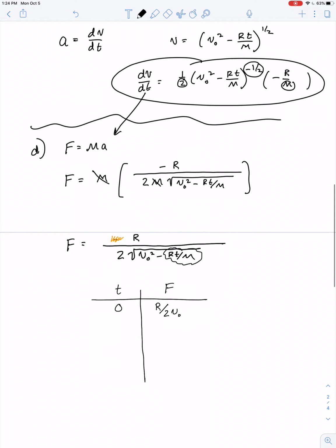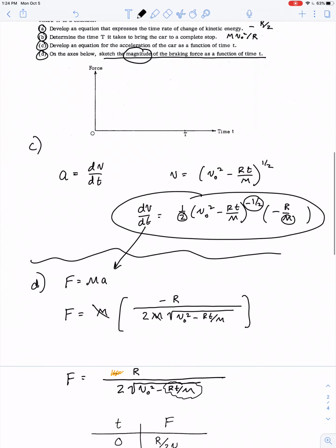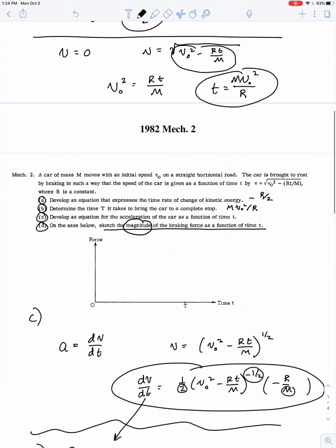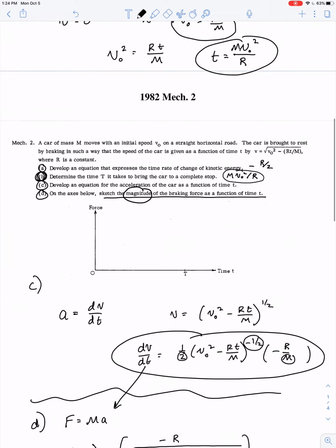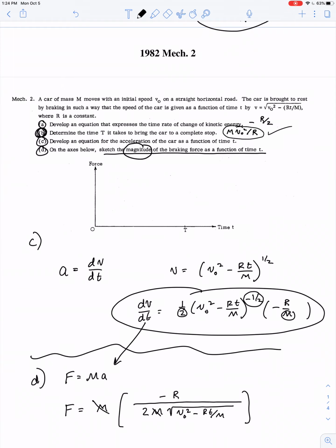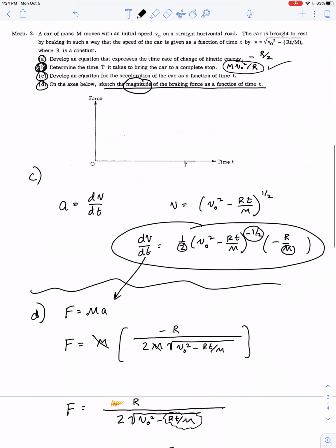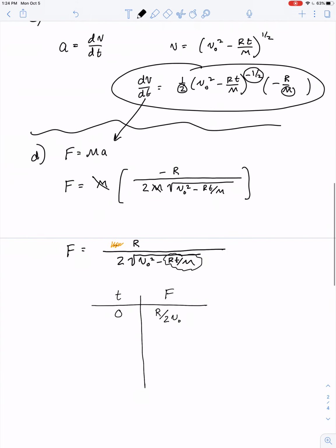Ultimately, we're not going to plug in any value of time greater than the value we found in our answer for part B, because by that time the car's been brought to a stop. So let's actually plug this value in for t and see what we get. m v naught squared over r.